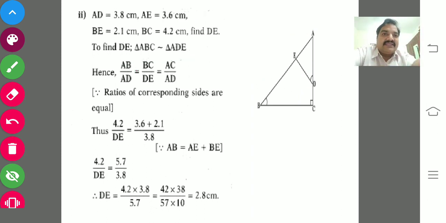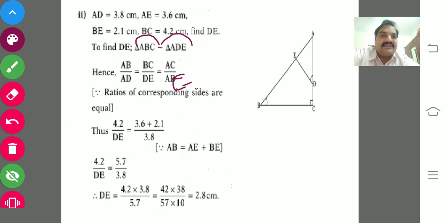The first two letters, AB by AD, then second and third, BC by DE, and first and last, AC by AE. It's wrong in the print; it's AE, not AD. Keep it in your mind.